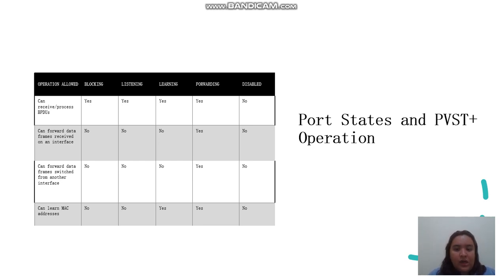So here are the port states and PVST operation. You can see if it can receive and process BPDUs, can forward data frames received on an interface, can forward data frames switched from another interface, and can learn MAC addresses. So with regards to blocking, listening, learning, forwarding, disabled, the answer is yes or no. So here's the table, you can see it.